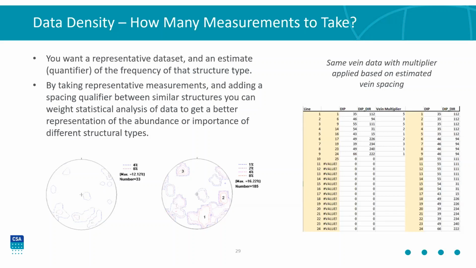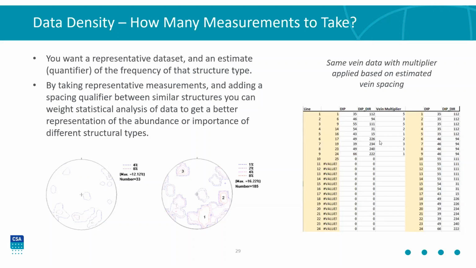What you want is a representative data set. So you want to identify structures with a similar orientation or a similar character, and this is especially if you're dealing with things like jointing or foliation or bedding, where you've got lots of the same kind of thing, or little veins. So you want an estimate of the frequency of that structure type.